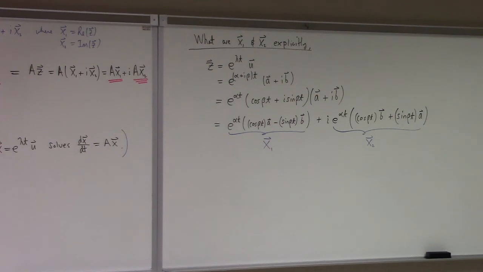So to every complex eigenvalue, we get 2 real solutions, right? So I have an example for us.